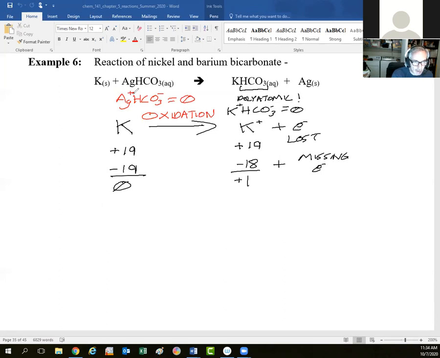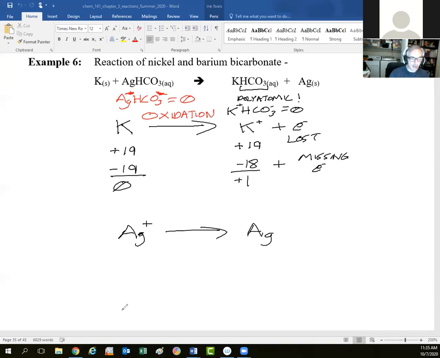Because it cancels to 0, we don't normally see those individual charges shown in the chemical formula. So for the silver, we've got the Ag+, which turns into Ag, or silver metal.